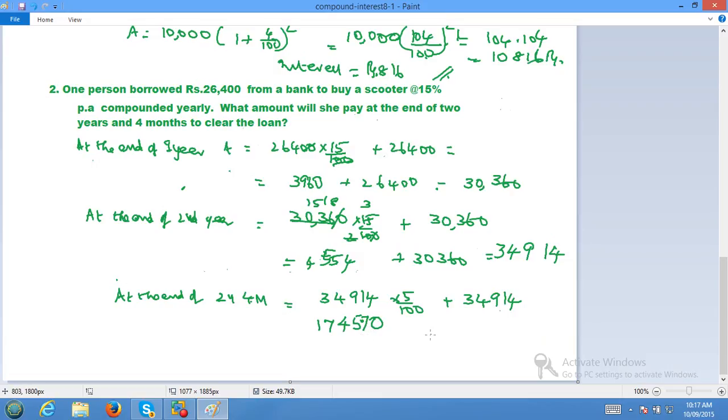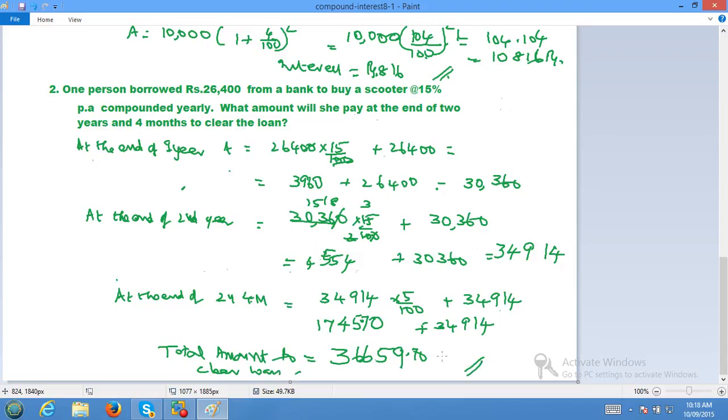So we have to add 34,914 and 1,745.70. If you add, you get 36,659.70 as the total amount to clear the loan.